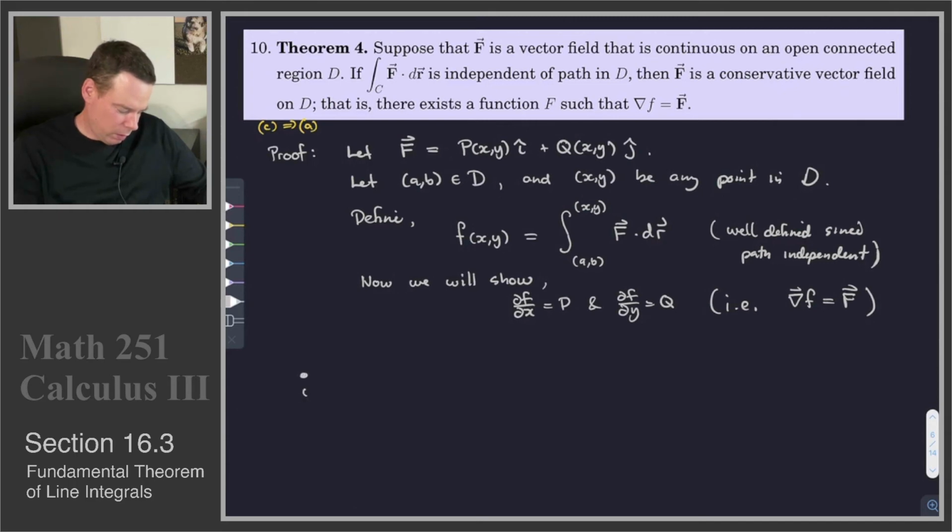So we've got this point (a,b). That's our fixed point. And we've got our domain that we're working in. We've picked this other point, some arbitrary point (x,y).